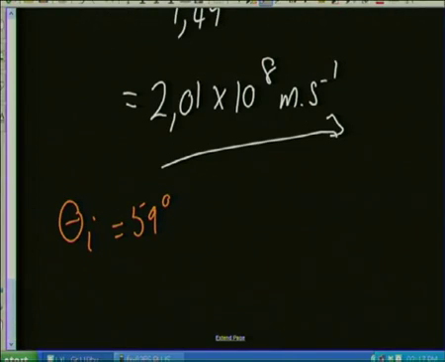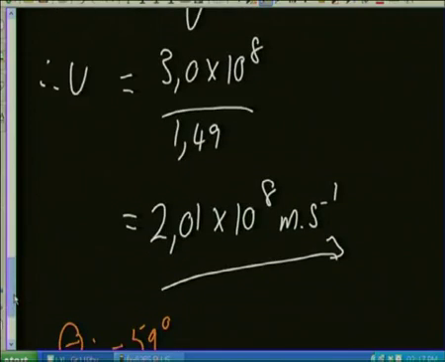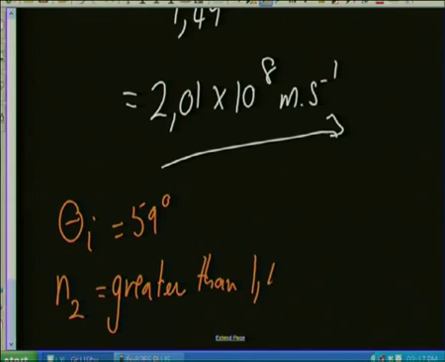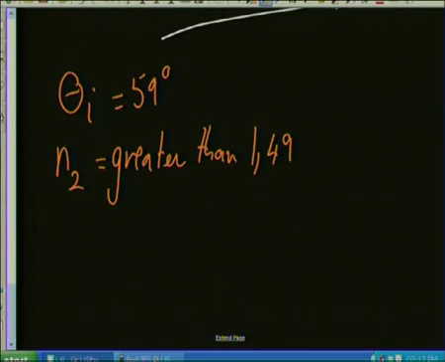What we're told is that the refractive index of the second material is going to be bigger, so it's going to be bigger than 1.49. Okay? And what we therefore can say is two things.